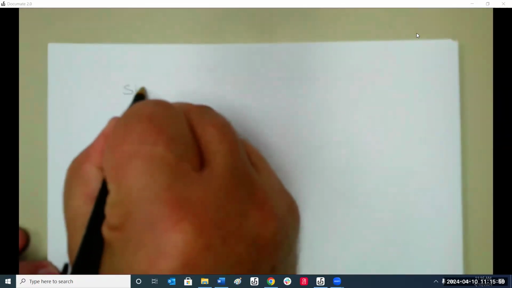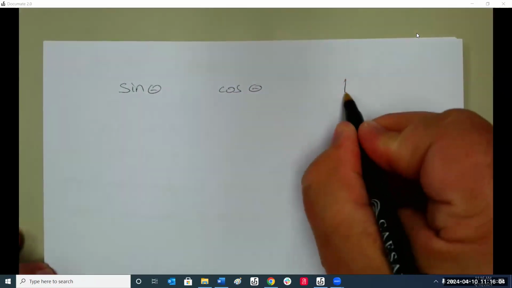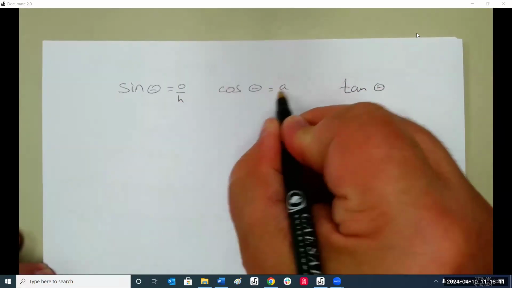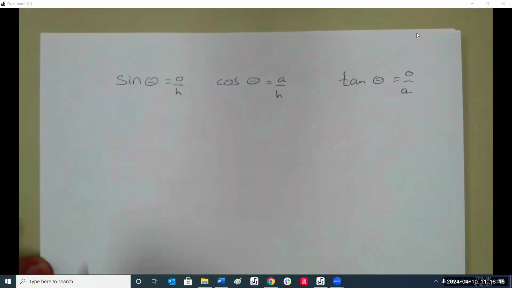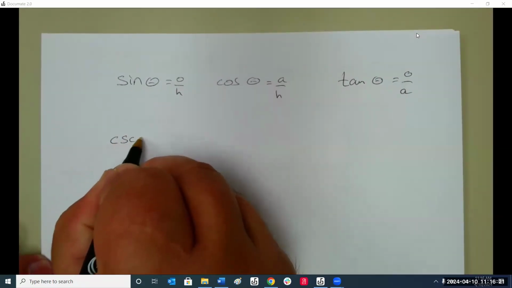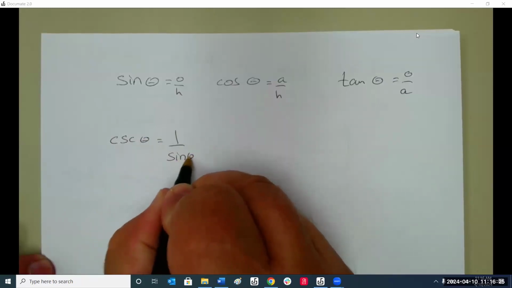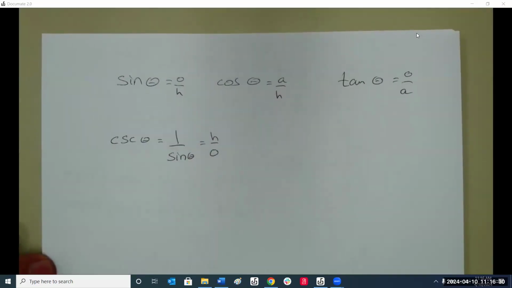So we have the 3 basic ones, which are sine theta, cosine theta, and tangent theta. Then we have the reciprocal ones. We have the cosecant, which is 1 over sine, the flip of the sine function.